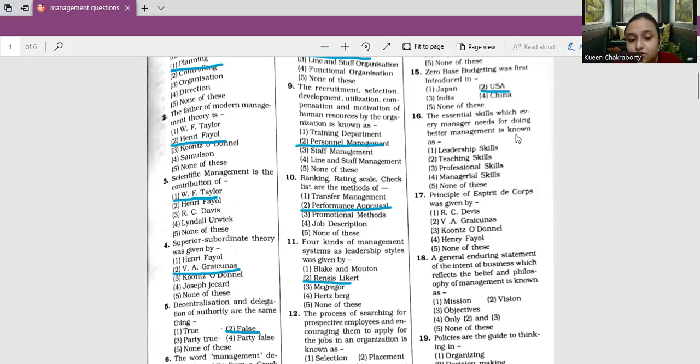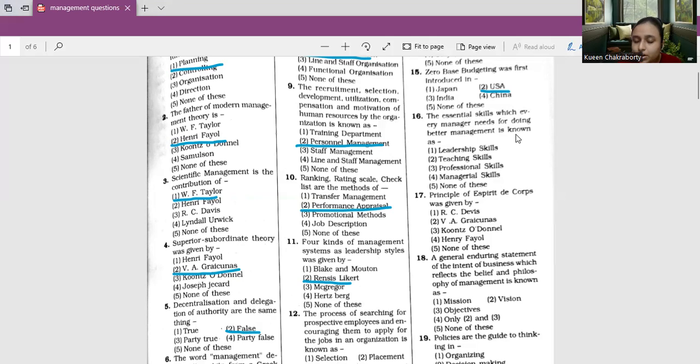Next, coming to question number 16. The essential skills which every manager needs for doing better management are known as: leadership skills, teaching skills, professional skills, managerial skills, and none of these. Now, when we are talking of management, a manager will already have professional skills because he has attained the role of manager through professional skills and his years of service and experience in the organization.